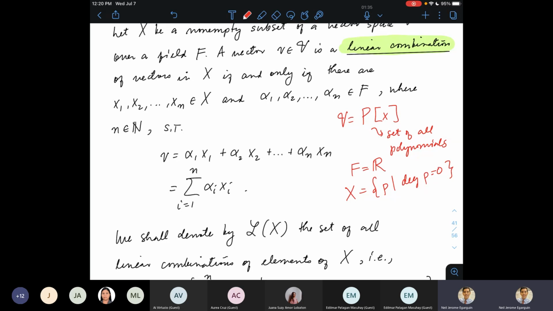But the set of all constant polynomials will not generate, in terms of linear combinations, the entire set of polynomials. Why? Because if you take a linear combination of polynomials of degree 0 over the field R, then what will you get? Ano lang yung mga posibleng masulat natin as linear combinations of polynomials of degree 0?